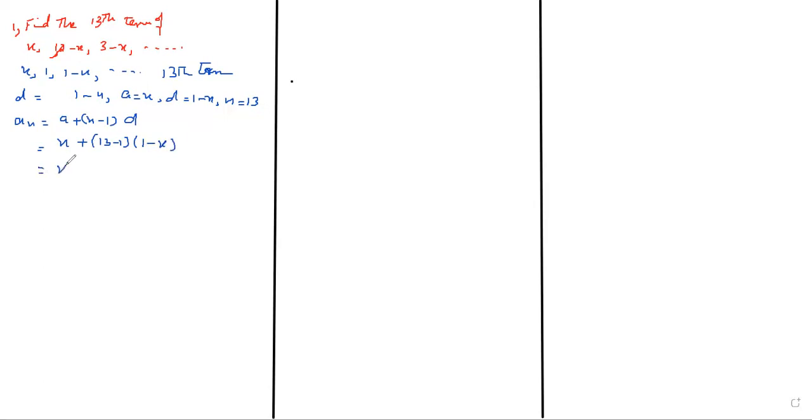So it is equals to x plus 12 times 1 minus x equals to x plus 12 minus 12x. So it is equals to 12 minus 11x. This is the 13th term. I hope you understand it well.